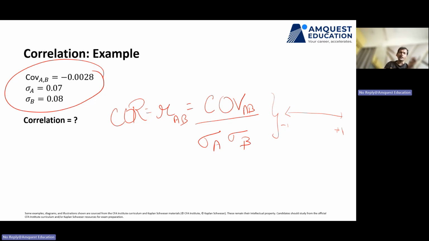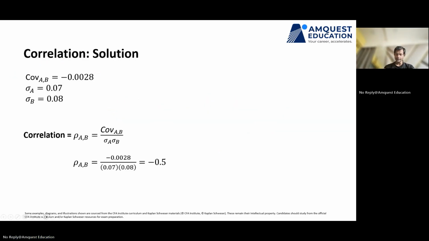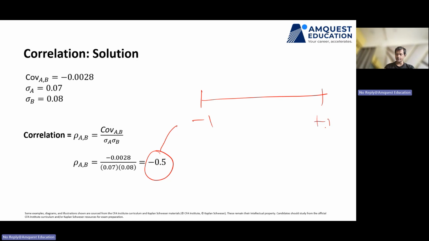Is it weak or is it strong? So let me show the solution to you. Now, 0.5 is somewhere semi-strong because between -1 and +1, 0 is here, so it's somewhere here, which means it's getting stronger, right?